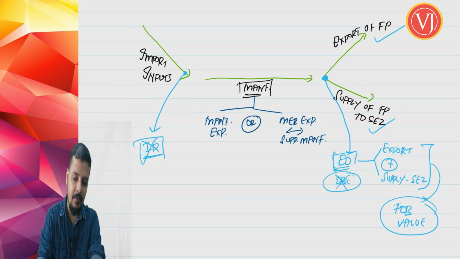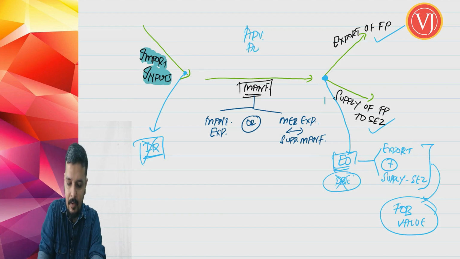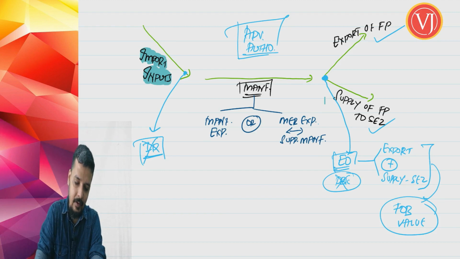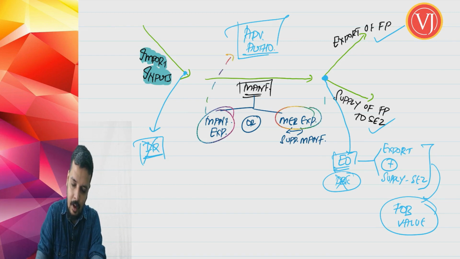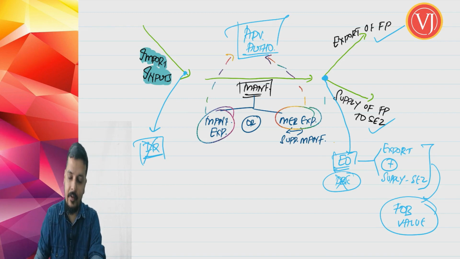What is this normal scenario, friends? You are talking about import of inputs, normal scenario of advance authorization. This advance authorization, friends, is either applied by a manufacturer exporter or a merchant exporter who is tied up with a supporting manufacturer.